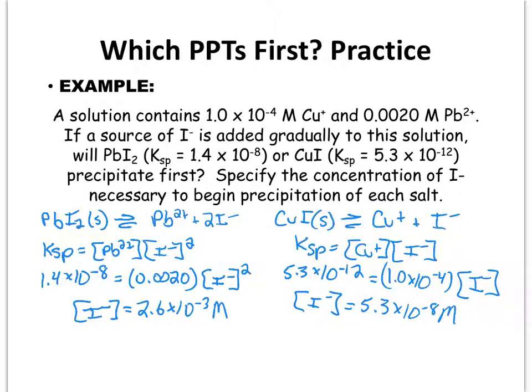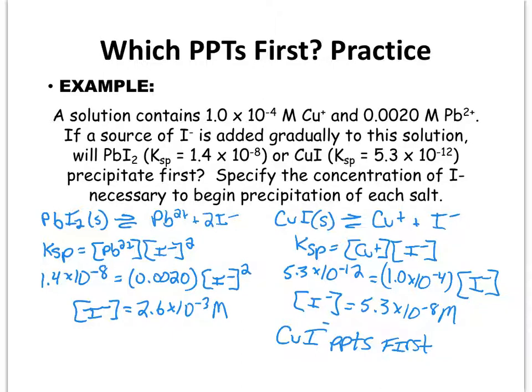So if I compare the two here, the CuI would actually precipitate first because the concentration of I minus at which CuI will precipitate is 5.3 times 10 to the minus 8th, which is lower than the concentration of the I minus needing to be 2.6 times 10 to the minus 3rd for the PbI2.